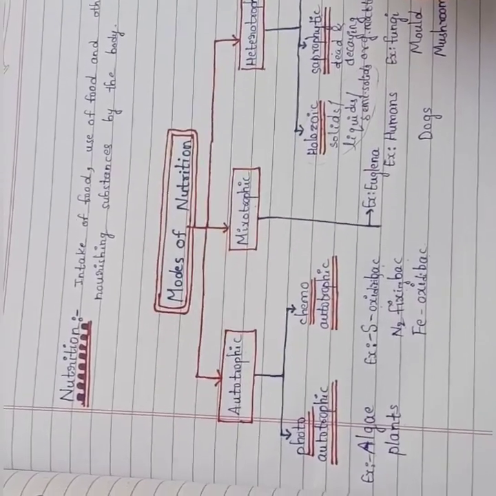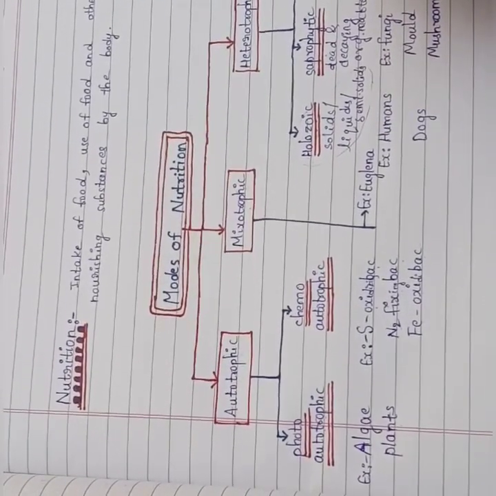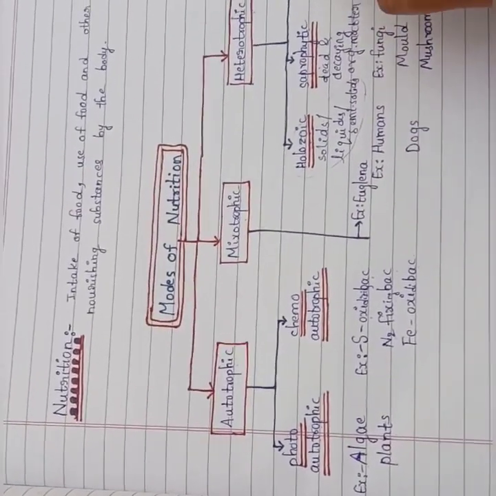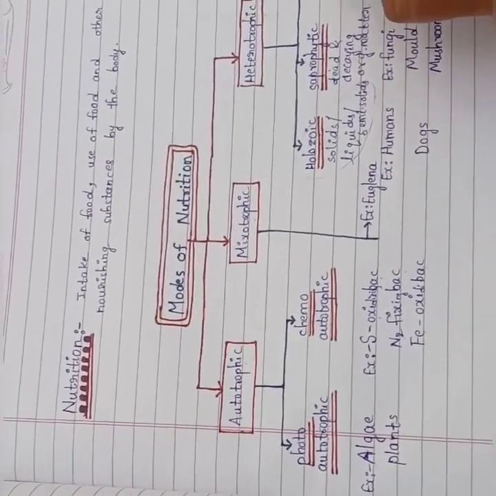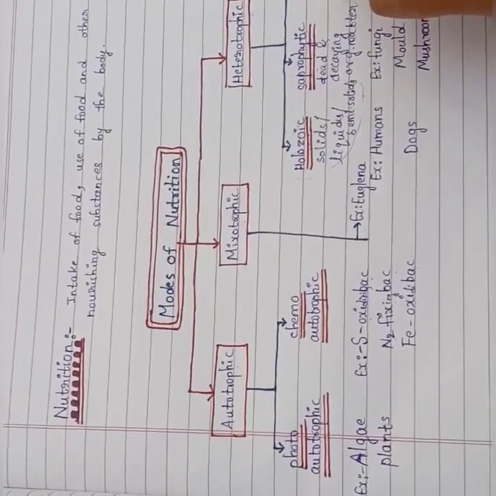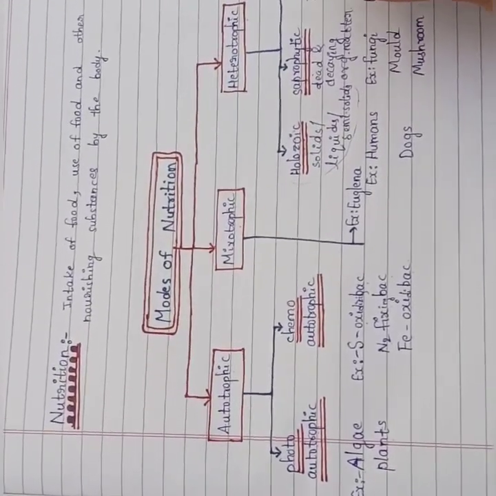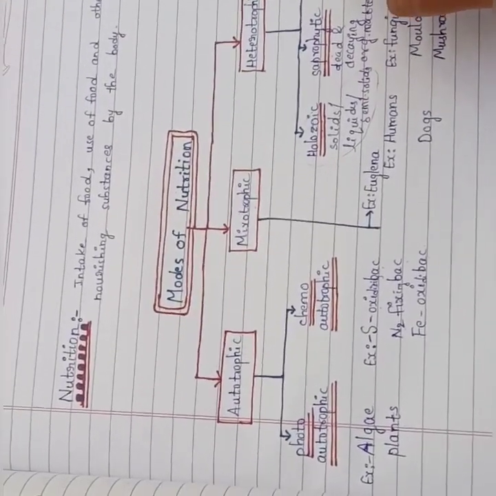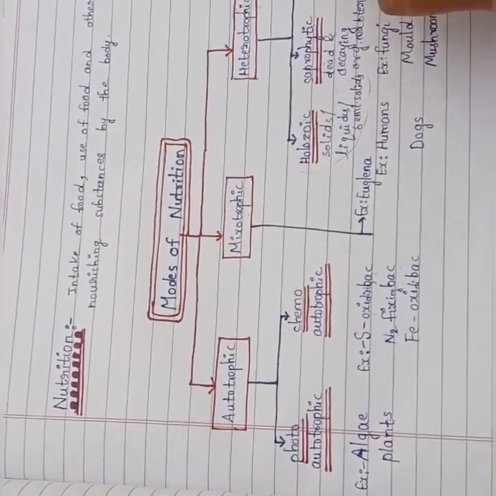The organism which lives on another organism's body is called the parasite, and the other organism is called the host. In this mode of nutrition, there is one parasite and one host. The parasite is dependent on the host for food.